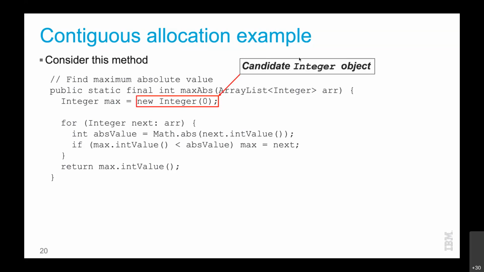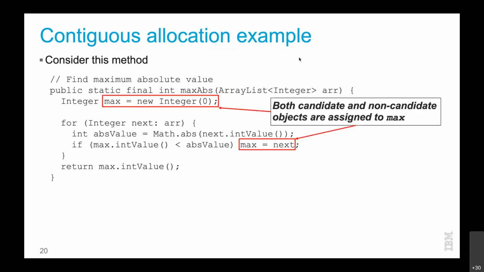So in the context of EA, this integer object is considered a candidate for stack allocation. In going through and seeing where that candidate is used, EA notes that it's assigned to the variable max, but it also notes that another object that's not a candidate for stack allocation is also stored to that variable max.